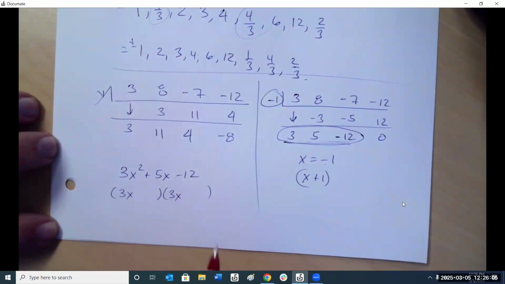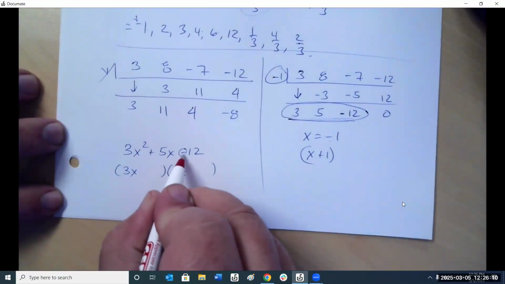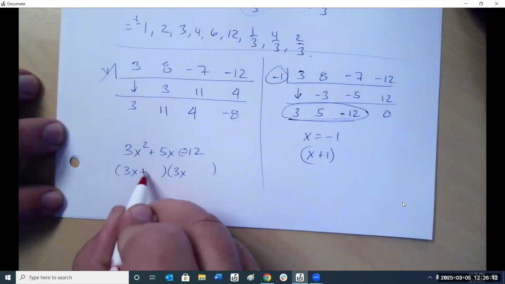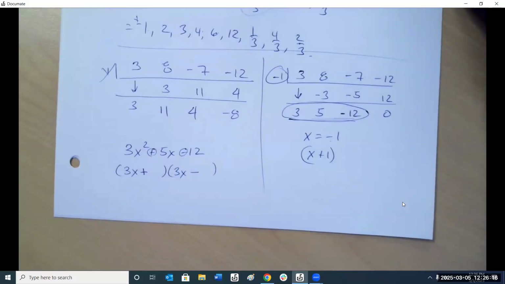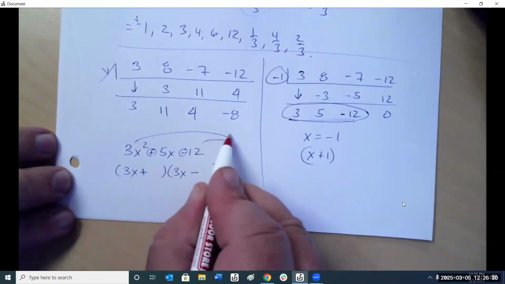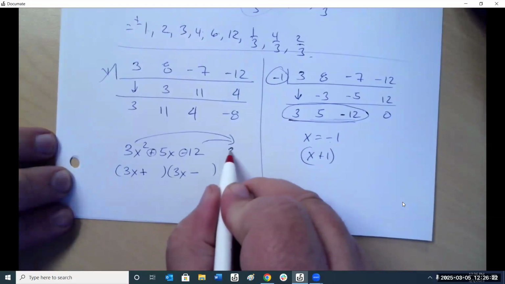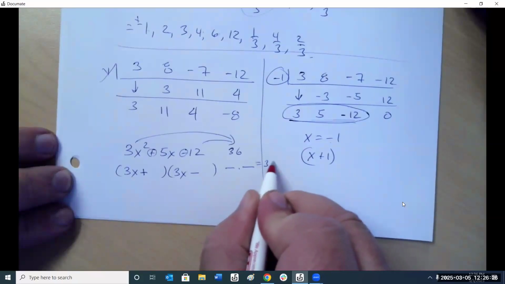3x, 3x. This is a negative, that means the signs are opposite. One's positive, one's negative. The bigger number will be the positive sign. 3 times 12 is 36. So what times what equals 36?